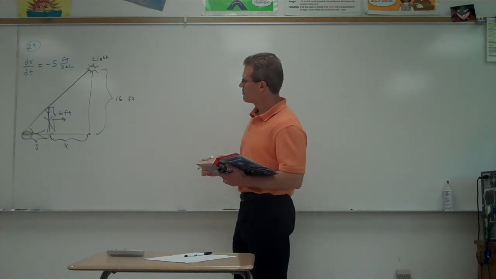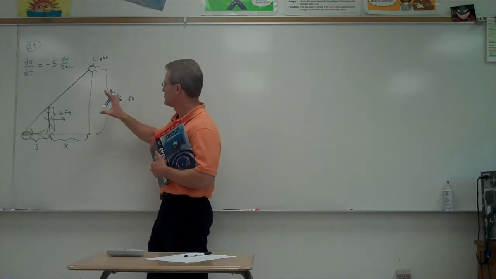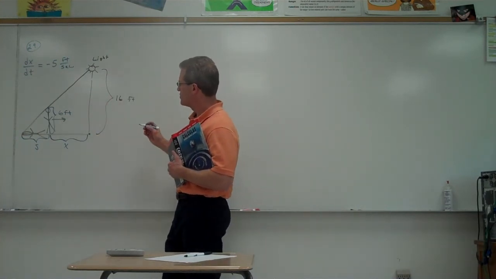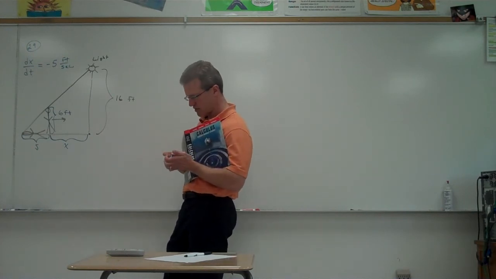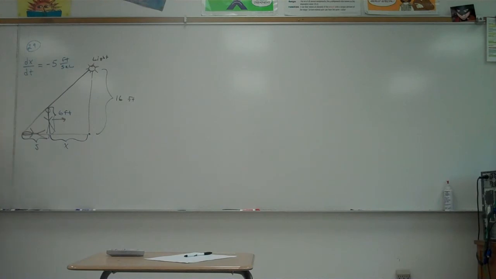So, okay, we want to try to set up some type of an equation that relates all these distances. And what we can do is we can use similar triangles here. We have a small triangle right here. This green triangle would be similar to this big triangle. Similar meaning it would have the same angle measurements but different side lengths.